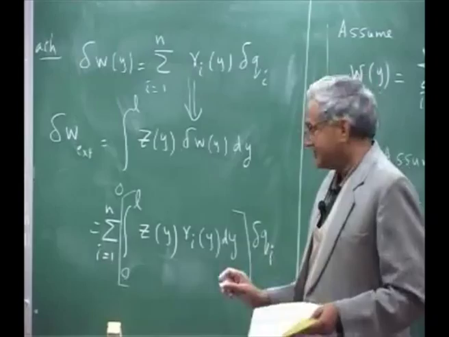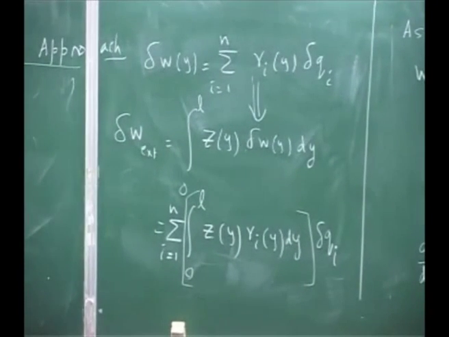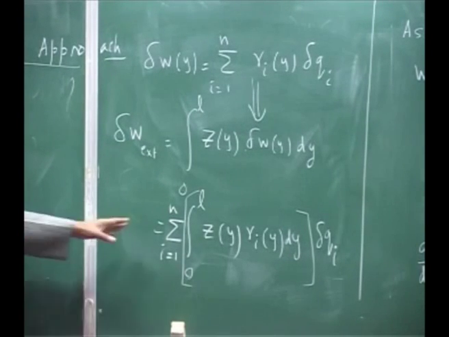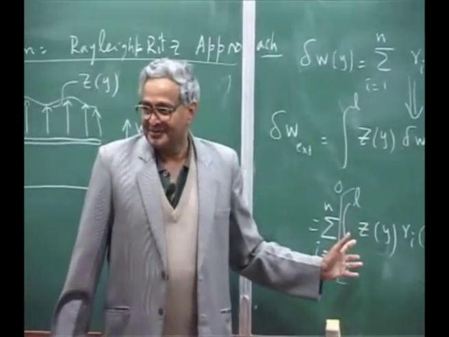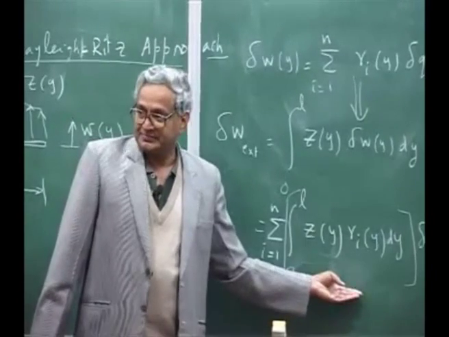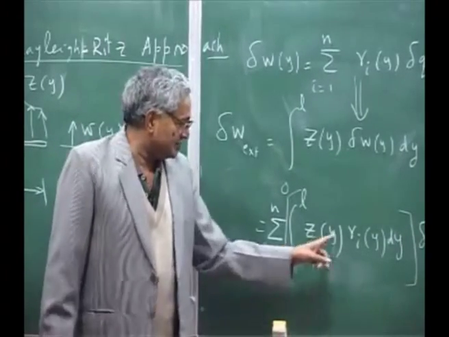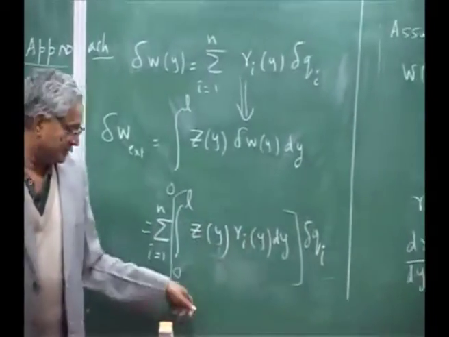So you see, it's very interesting. What is generalized force? It is nothing but the actual force multiplied by your assumed shape function or admissible function. Every function you take, you multiply and you integrate, because you have to integrate over the whole thing. Okay, so this is my generalized force, the actual force multiplied by the assumed shape function.